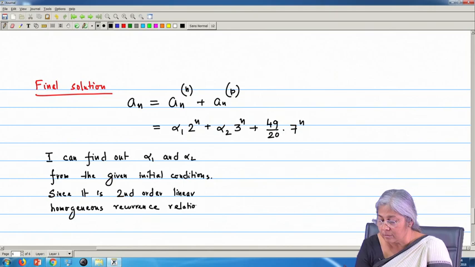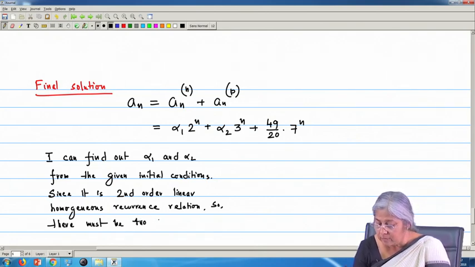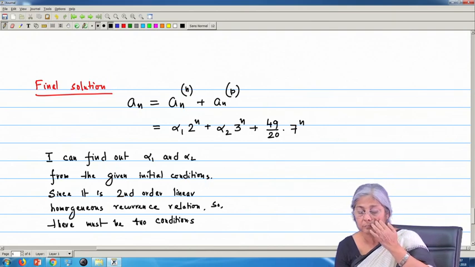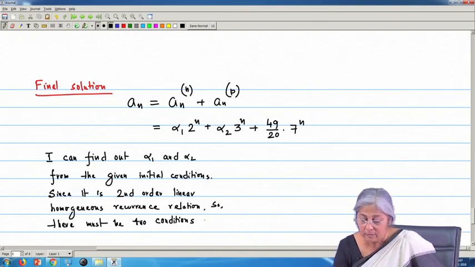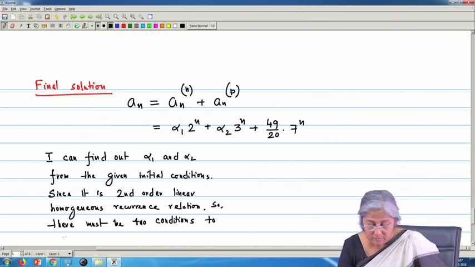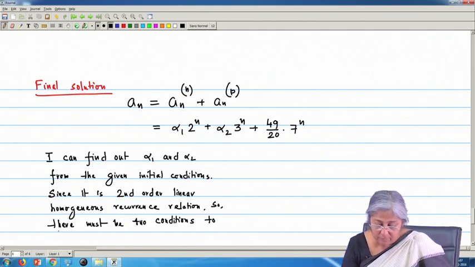There must be two conditions to find out alpha 1 and alpha 2.